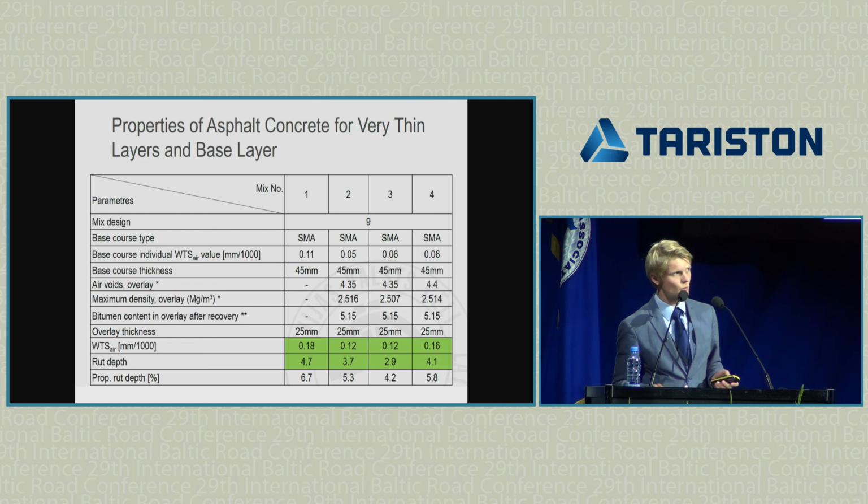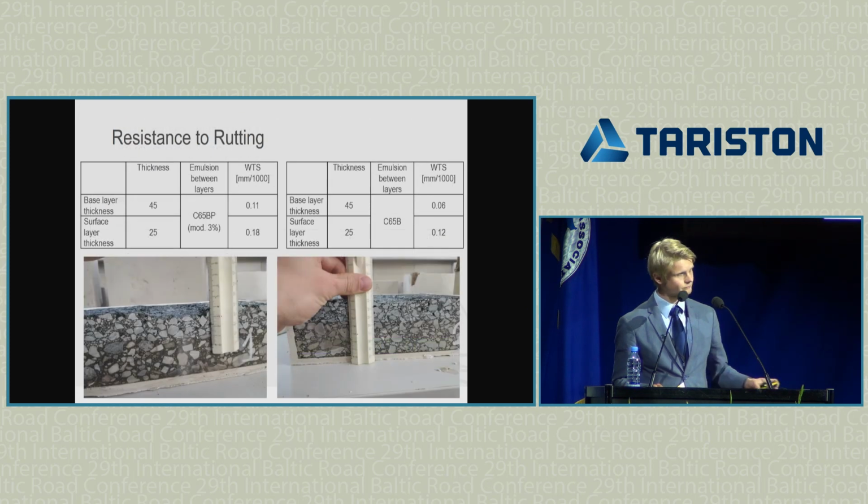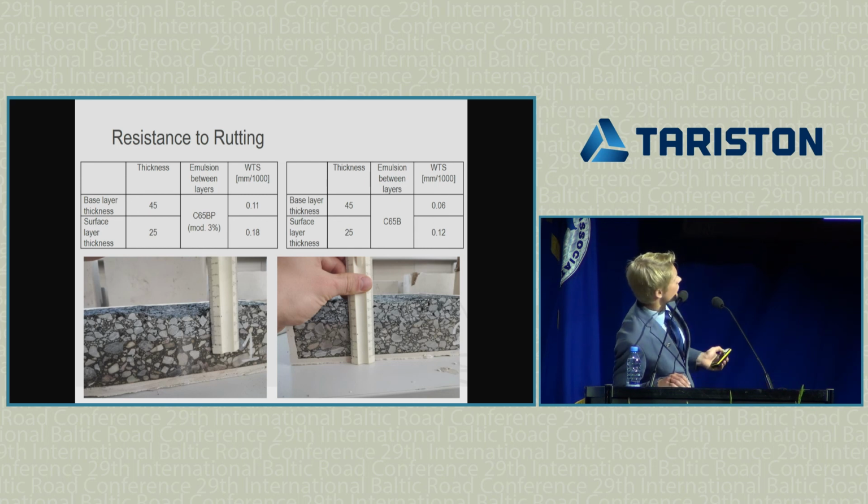For a base layer, we selected the SMA. Different emulsions were used between a thin overlay and base layer, with modifier and without. Pictures show a cross-section of a wheel tracking test sample, and here we can see deformations which are not very deep.